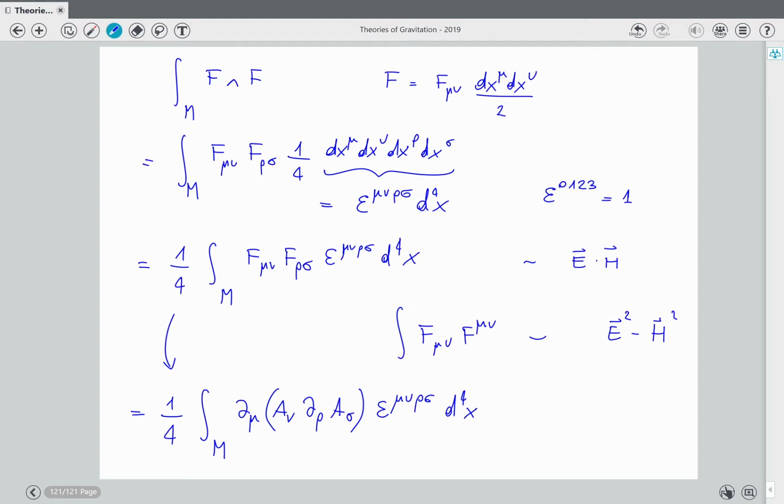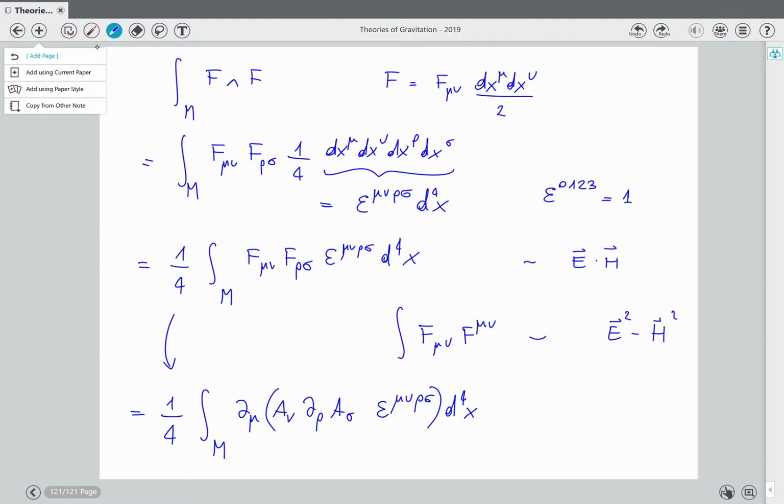So it's the integral of a divergence of something, which means that, by Stokes' theorem, it can be transformed into the integral on the boundary of the manifold. We do not need to do this here, we can do it directly at this level.